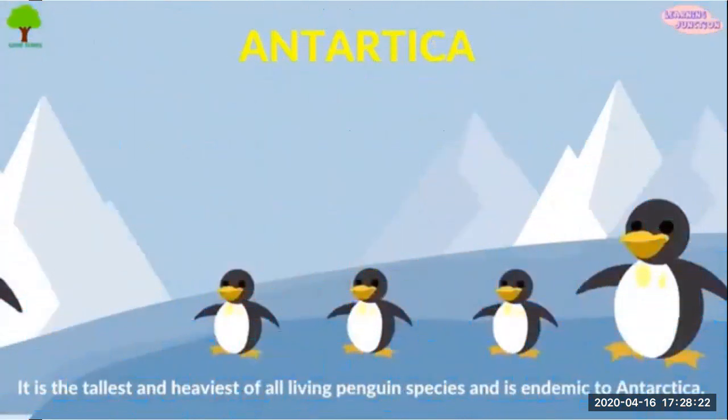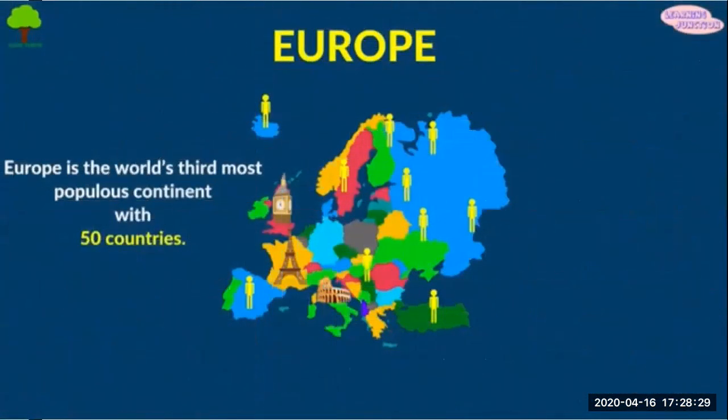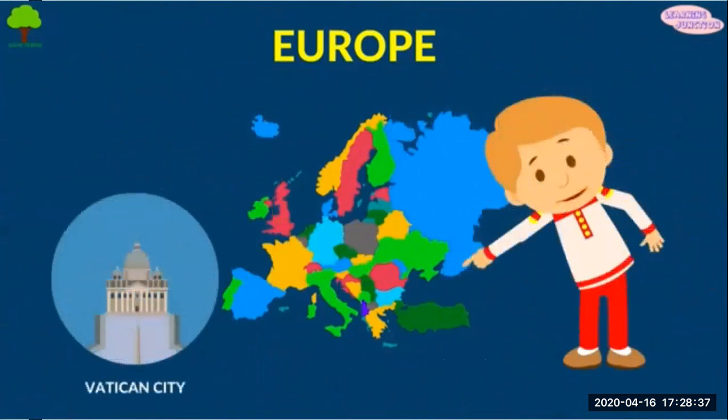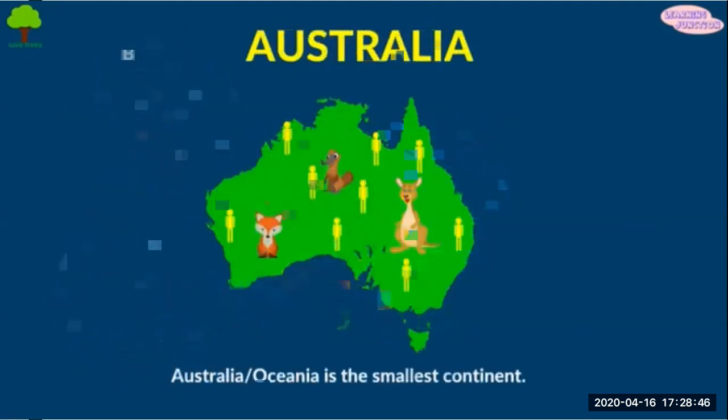It is the tallest and heaviest of all living penguin species and is endemic to Antarctica. Next is Europe. Europe is the world's third most populous continent with 50 countries. Russia is the largest and Vatican City is smallest. Big Ben and Eiffel Tower are the places of importance in Europe.